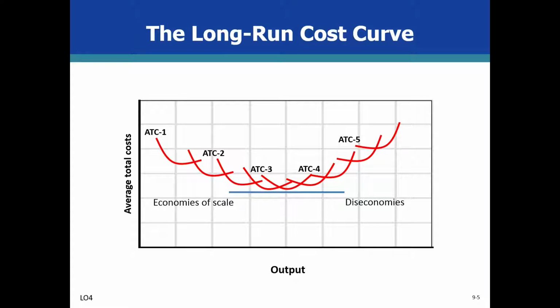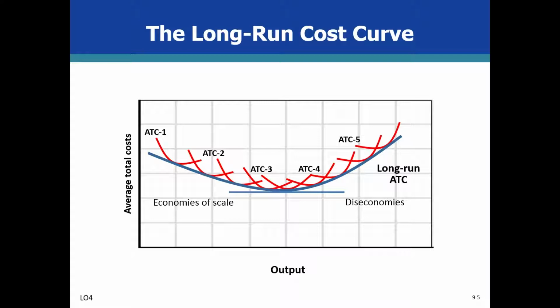In the long run, the firm can end up at any point on the U-shaped curve. The number of plant and equipment configurations are unlimited. However, at each plant size, there is a low point on the average total cost curve.